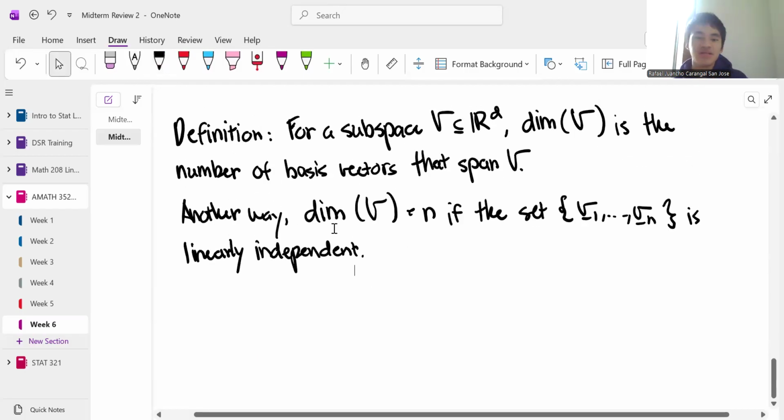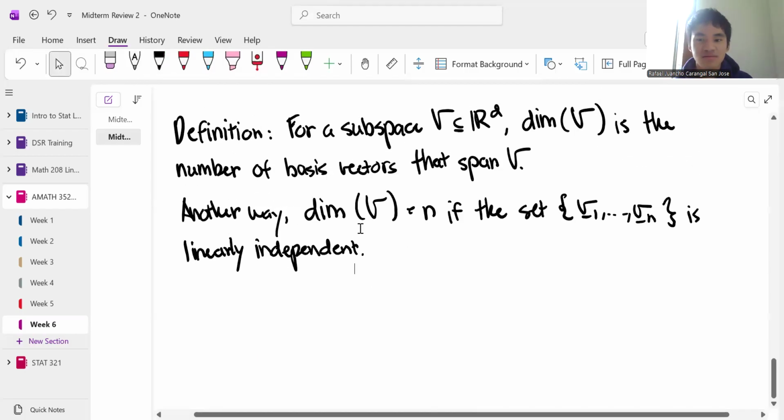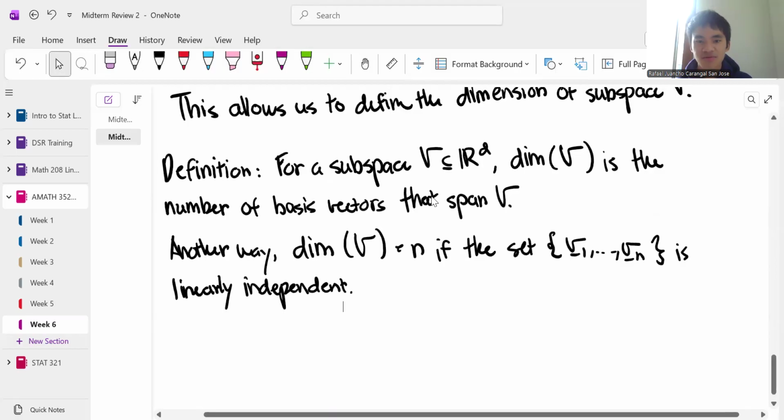They are linearly independent. That set of vectors, then that's the dimension of the subspace V. Okay, actually, I think these are two different meanings, huh? Now that I think about it.